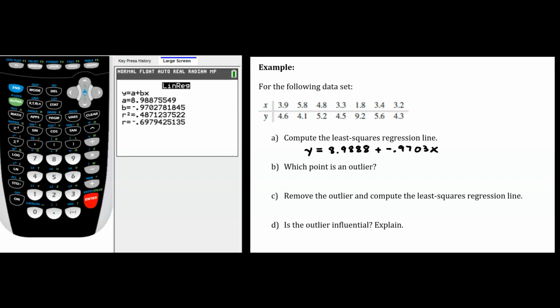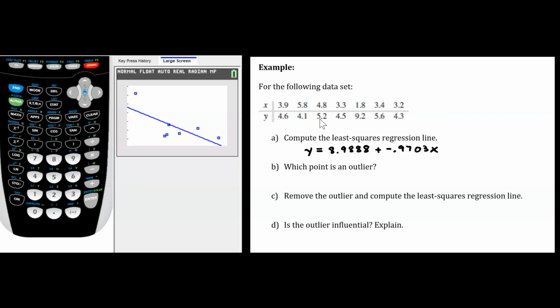Let's take a quick look at what the graph of the line of best fit looks like with that outlier present. I just press the graph button, and once again we can see that the outlier in that upper left quadrant is probably influencing this a little bit, and we're going to be able to clearly see that by removing the outlier. So let's look at our table of points and figure out which point from this table coincides with the outlier that we're seeing in the graph.